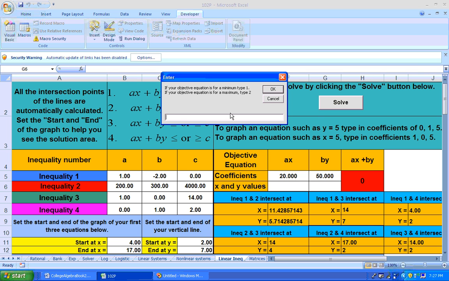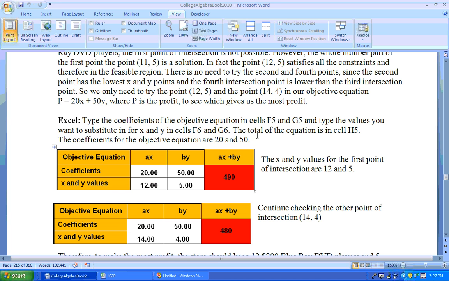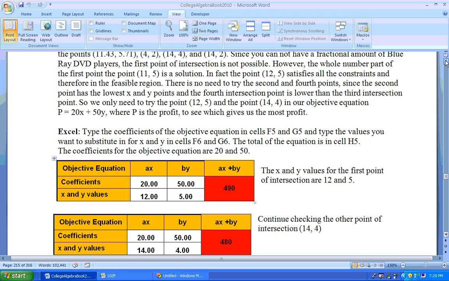And it says, what are we trying to do, minimize or maximize? Well, we want to maximize our profit, so that's choice 2. Then what's the sign here for my first constraint? Well, let's go back to the problem and see if we can see what those inequality signs were again.